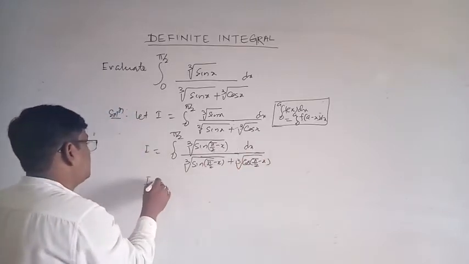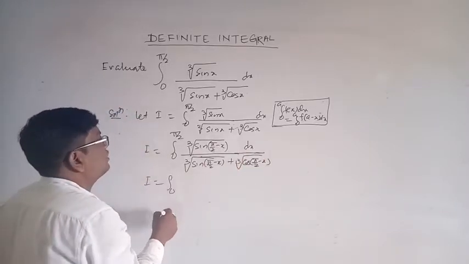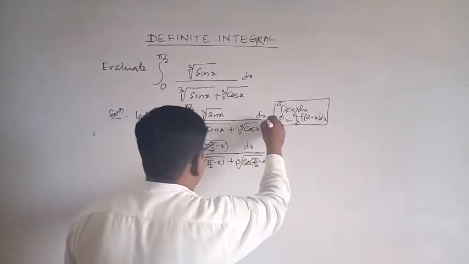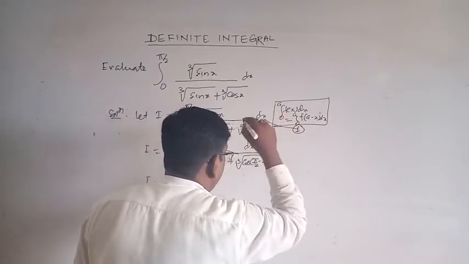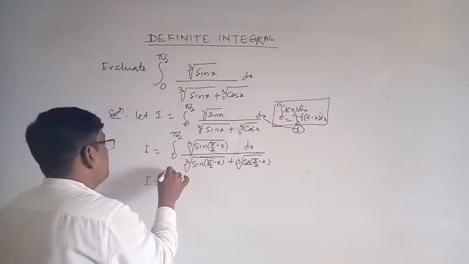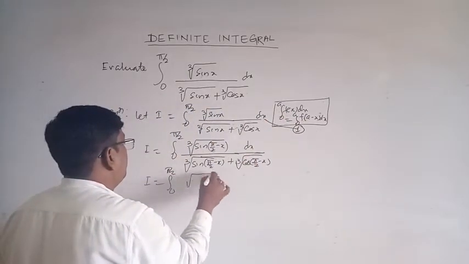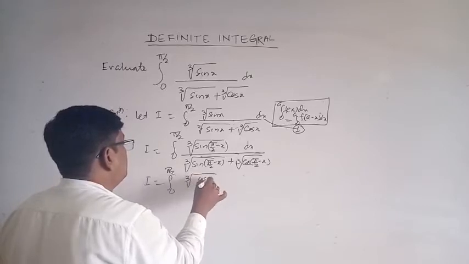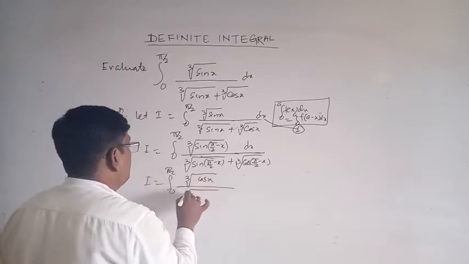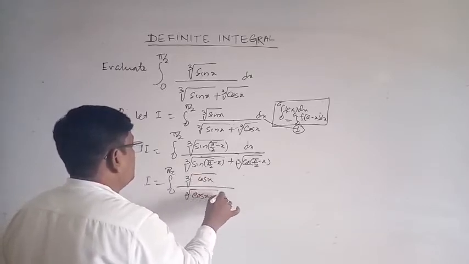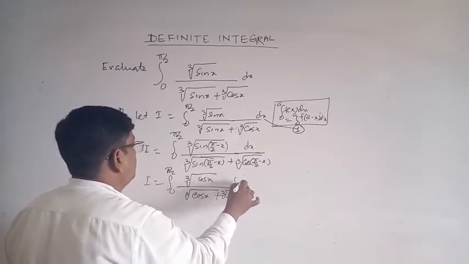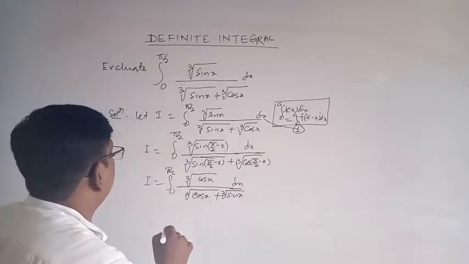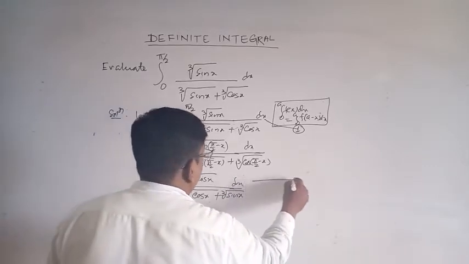So I is equal to the integral from 0 to pi by 2 of cube root of cos x divided by cube root of cos x plus cube root of sin x dx. This is equation 2, and the first one is equation 1.